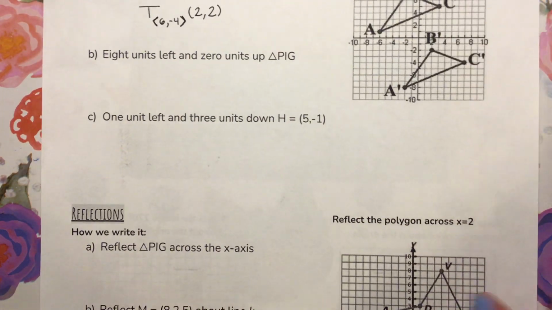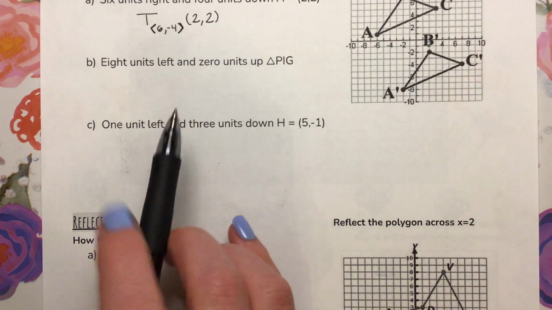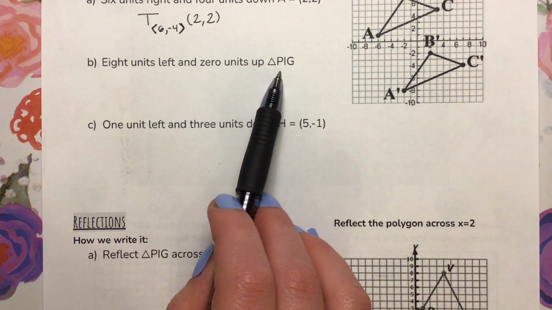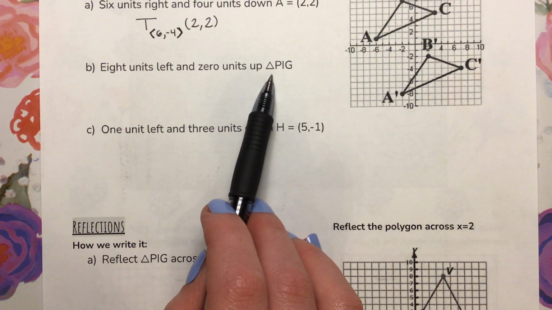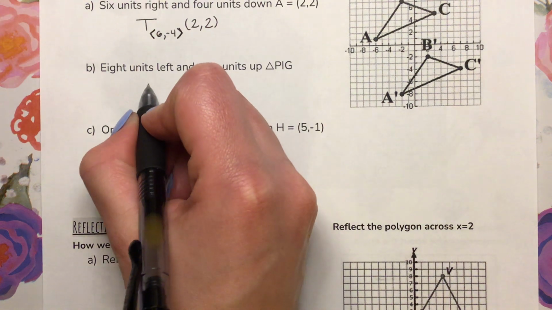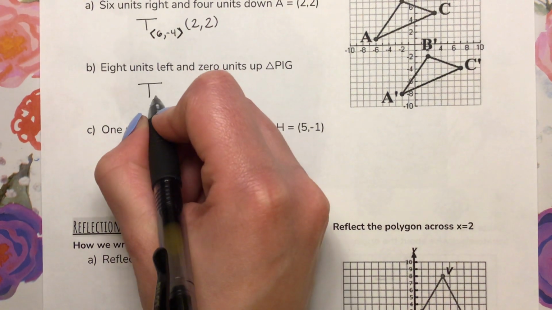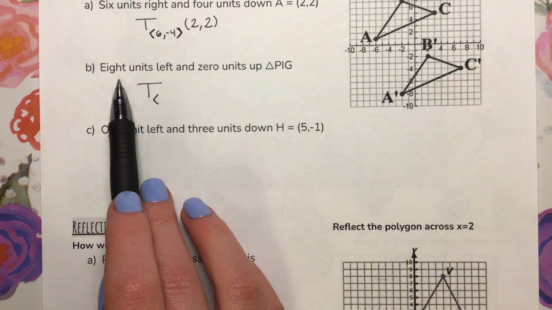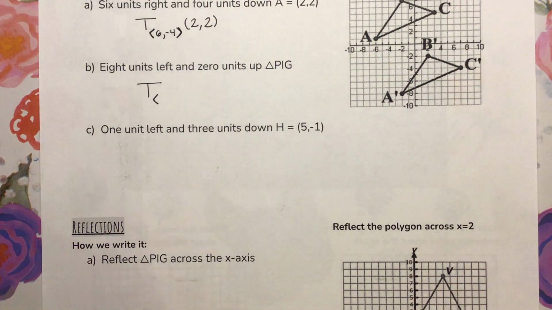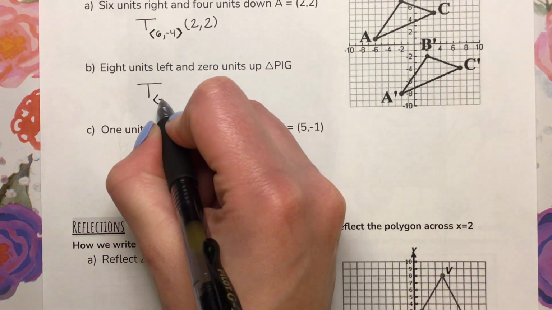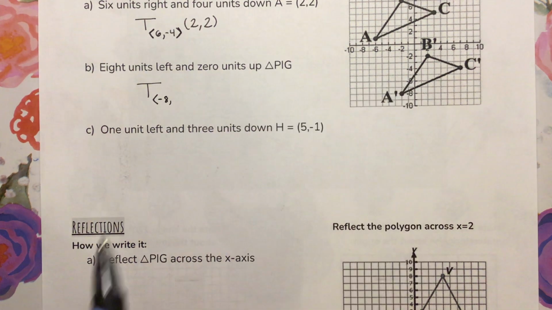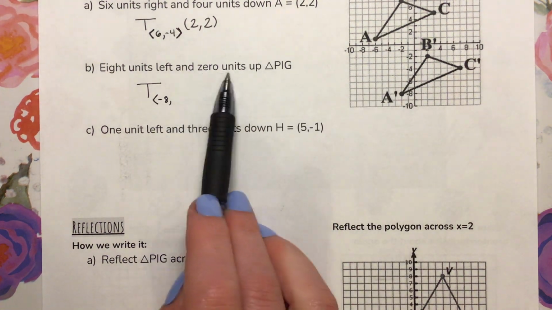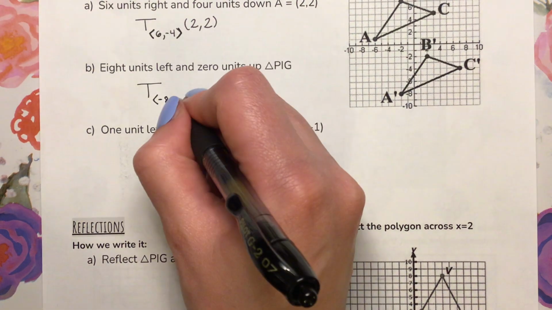Okay, what if we wanted to say translate 8 units left and 0 units up of triangle PIG? So I'm still using capital T for translate, but how am I going to translate? Where do I want it to go? So 8 units to the left, because it's going to the left, that's a negative direction, so I'm going to say -8, comma, and then if it's going no units up or down, it's comma 0.